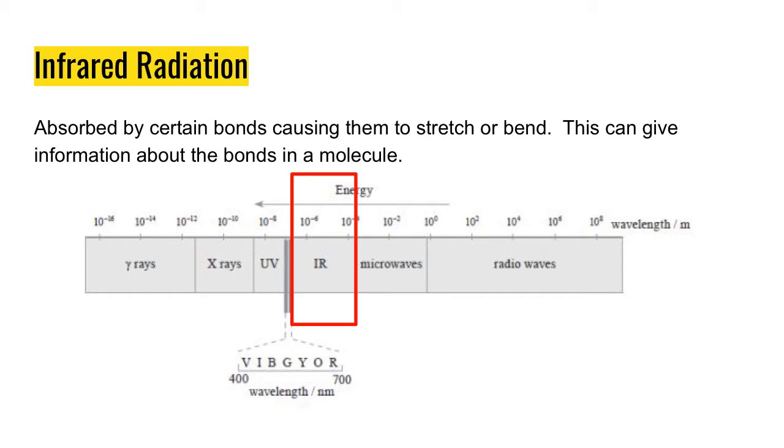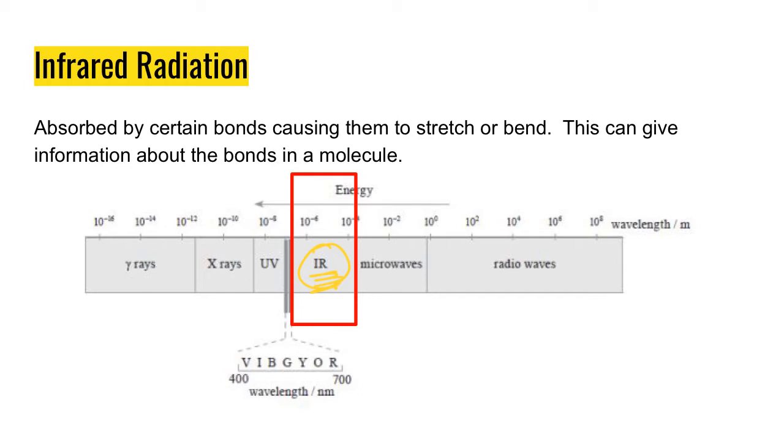It is found in the electromagnetic spectrum just outside of the visible range. So it's found right here in our electromagnetic spectrum. Now, within this region of the electromagnetic spectrum, certain bonds will absorb this kind of radiation.